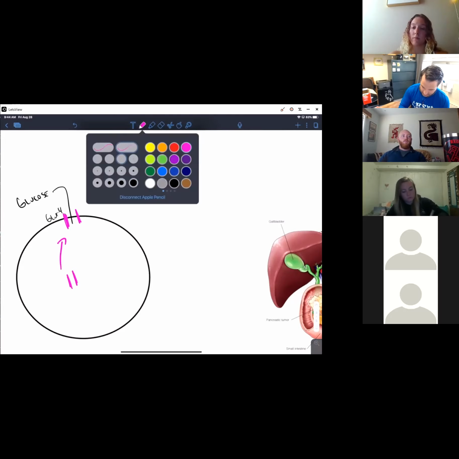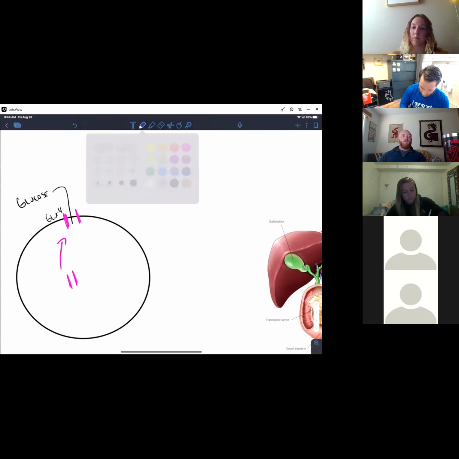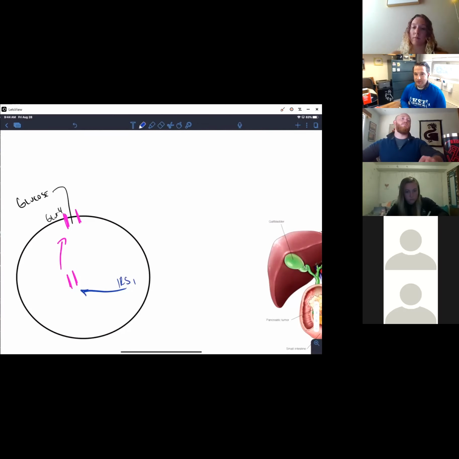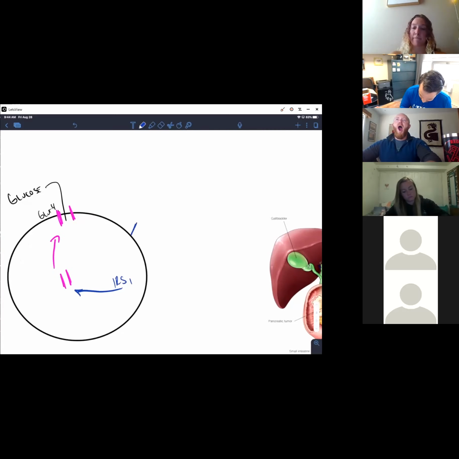And to get that vesicle to go up there, we have insulin receptor substrate 1, and a whole cascade of events that result in IRS1 moving to our vesicles that contain our GLUT4 transporters, and then those transporters can go from inside the skeletal muscle cell up to the cell surface, allow that glucose in.